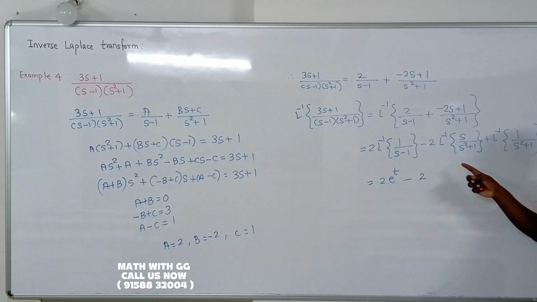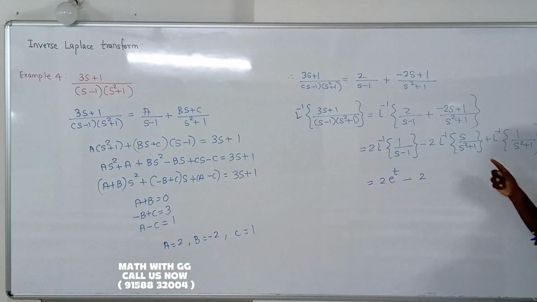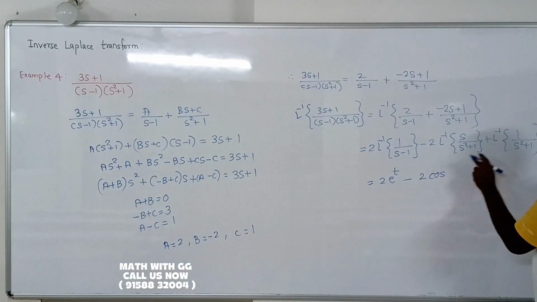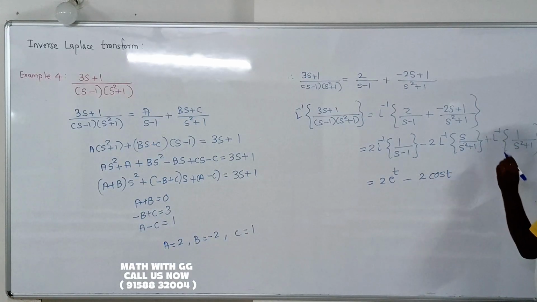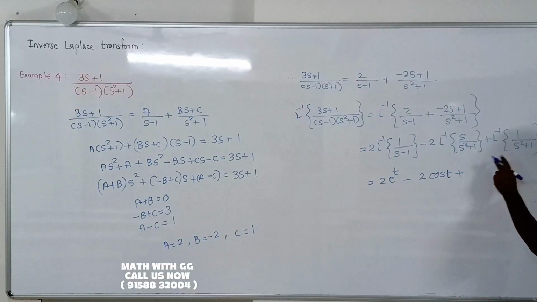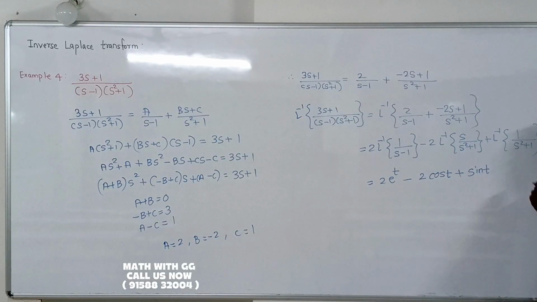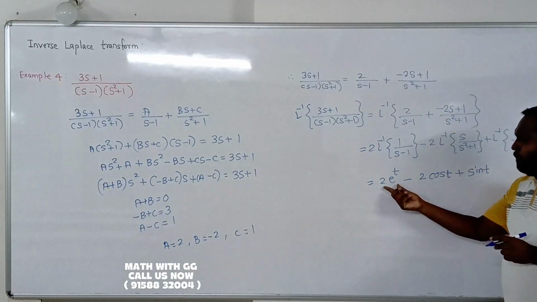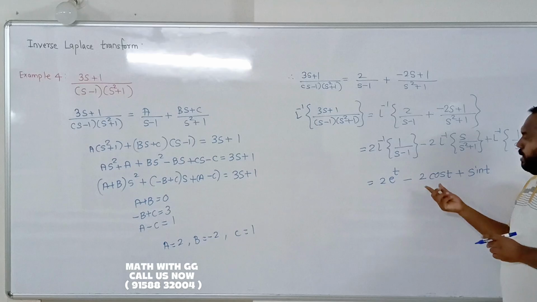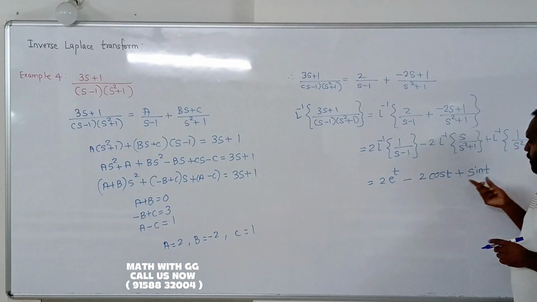L inverse of s upon (s square plus 1) is cos at, a is 1, therefore cos t, plus L inverse of 1 upon (s square plus 1) is sin at upon a, a is 1, therefore sin t. Hence, the final answer for this example is 2 e raised to t minus 2 cos t plus sin t.